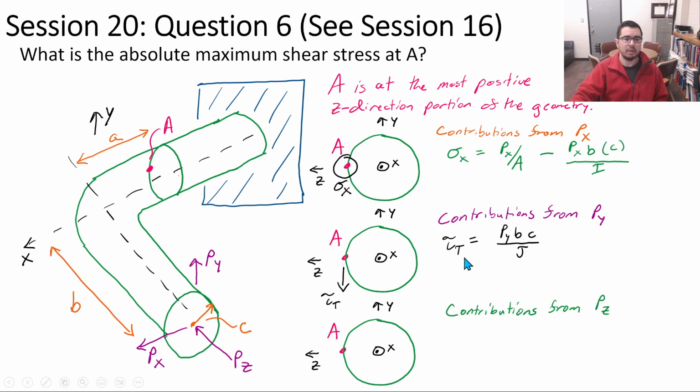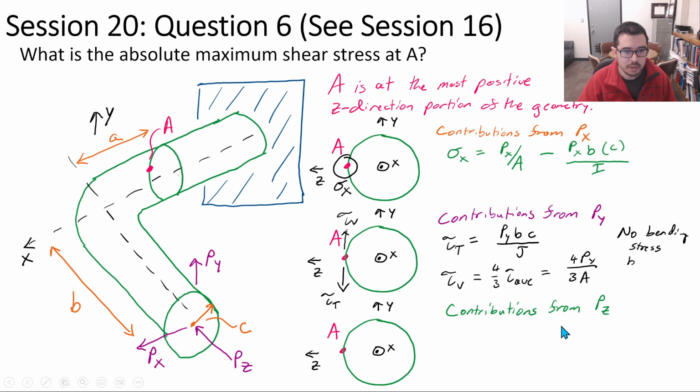We have contributions from Py in terms of a torque, and contributions from Pz also going to be in terms of a torque. I should have mentioned that since A is on the effective neutral axis, it also contributes shear force, and there is no bending stress because A is on the neutral axis.